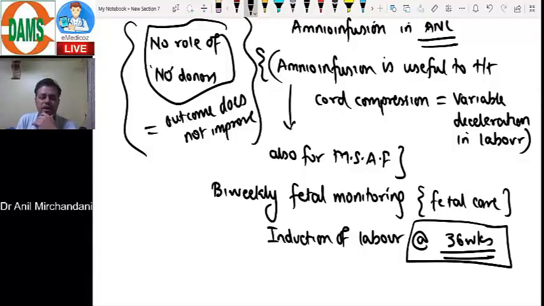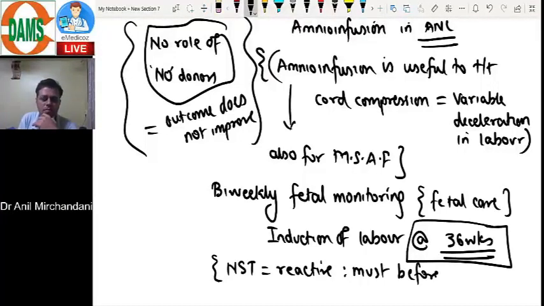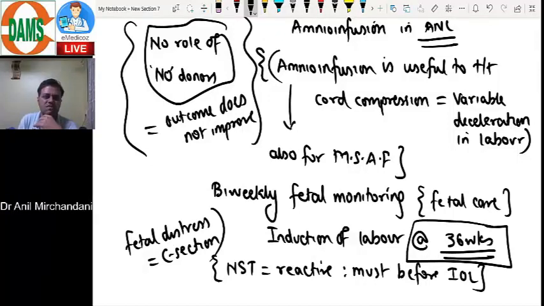Before induction of labor, NST should be reactive. If the baby is having distress, you don't do induction of labor. If there is fetal distress, you will have to do cesarean section, no doubt about it.